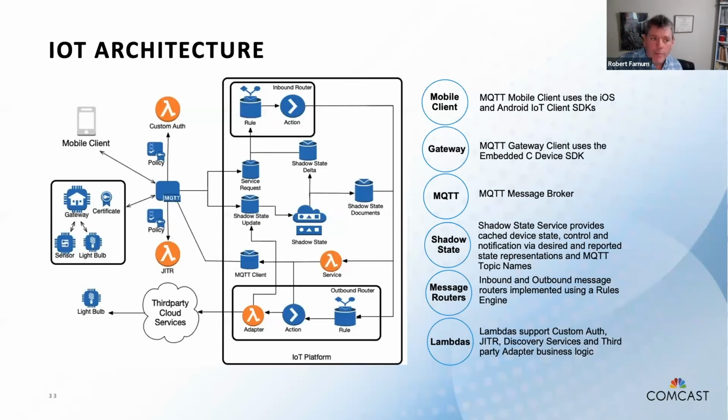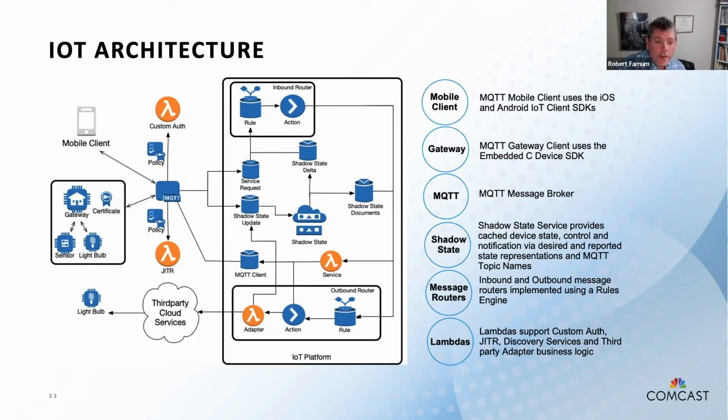So there are many components that make up this architecture. The mobile client, right, based on iOS, Android, or even web clients actually exist today for this. Our gateway, which is an MQTT client, uses an embedded C SDK at its heart and core. MQTT represents the message broker as a highly scalable AWS IoT Core message broker.